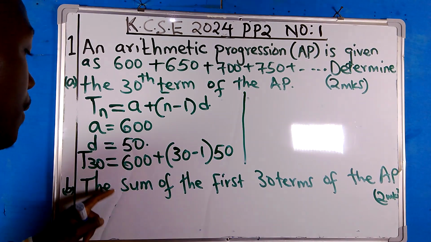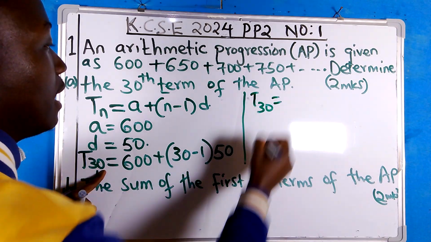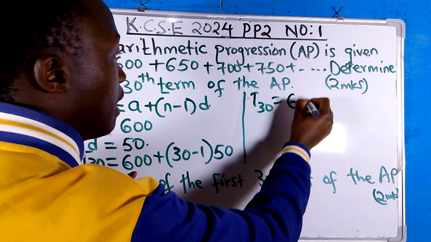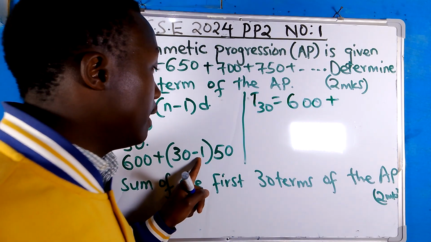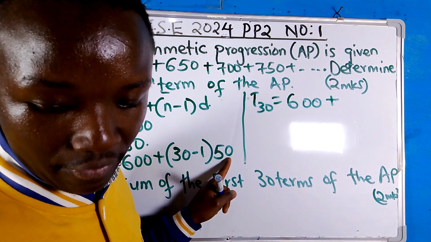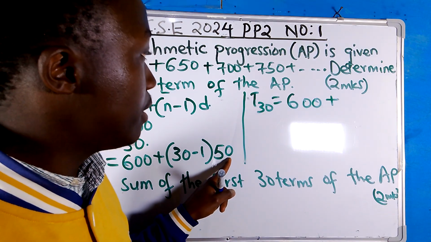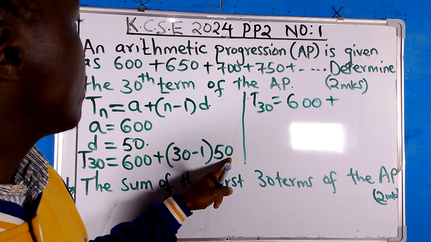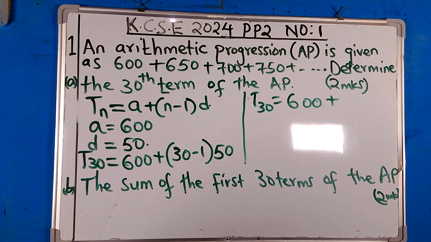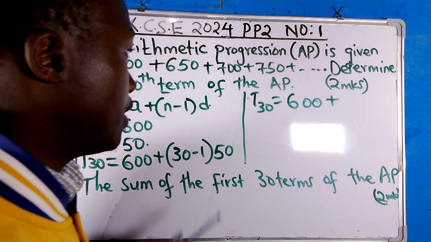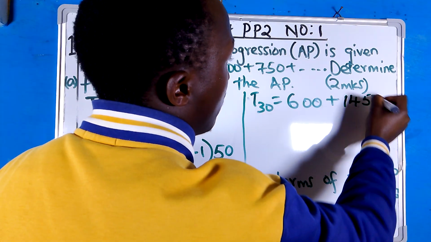So our T30 will be 600 plus 30 minus 1, which is 29. 29 multiplied by 50 is equivalent to 1450.